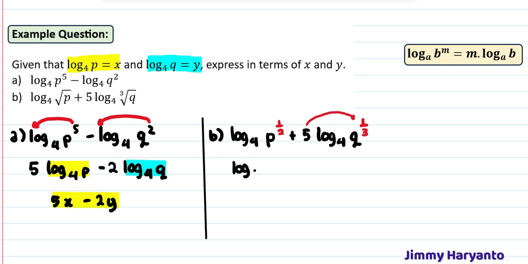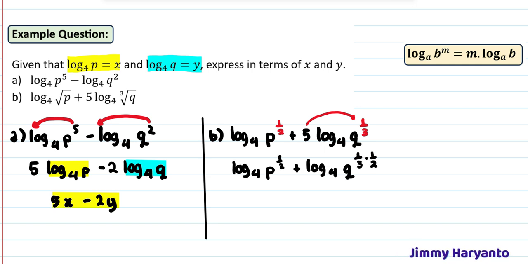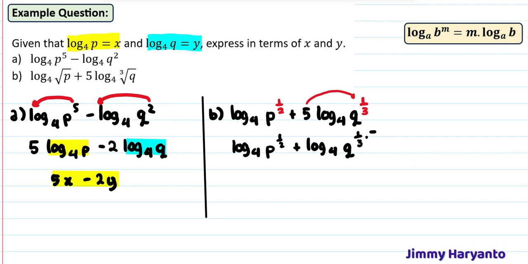That means log 4 p half plus logarithm of 4 q 1 over 3 times 1 over 2. Sorry, my bad, it's 5. So it will become 5 over 3. Multiply the powers.